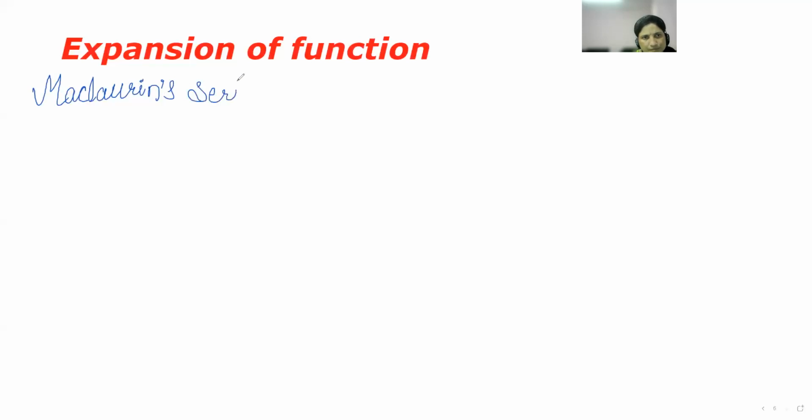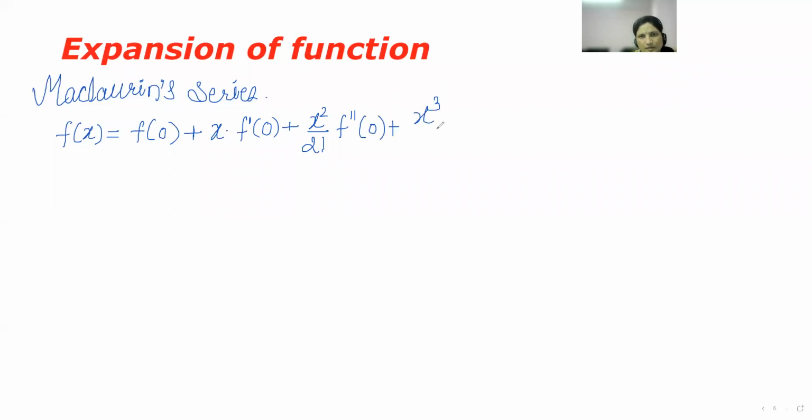The function f of x can be expanded in ascending powers of x, and it is expressed as a power series: f of x is equal to f of 0 plus x into f dash of 0 plus x square by 2 factorial f double dash of 0 plus x cube by 3 factorial f triple dash of 0 plus and so on, plus x raised to n by n factorial into the nth derivative of f at 0, plus so on to infinity.